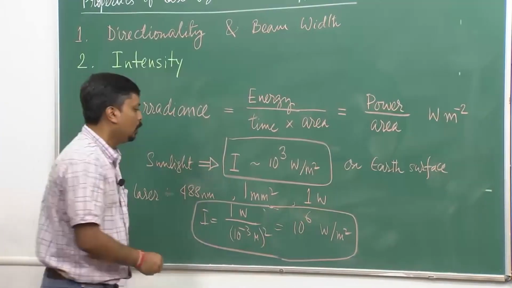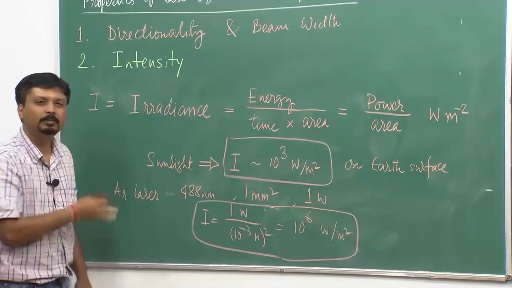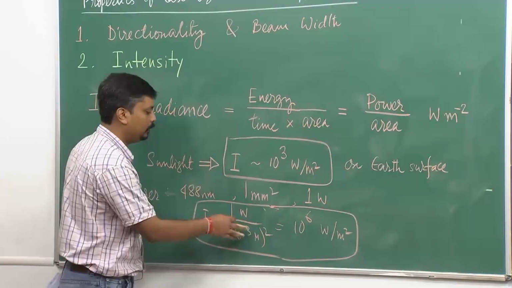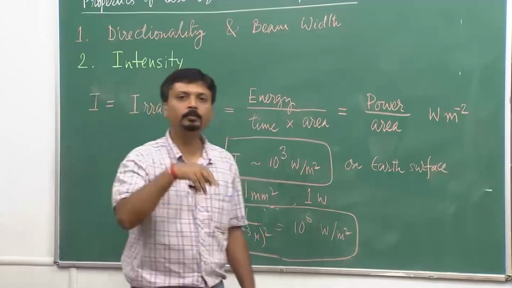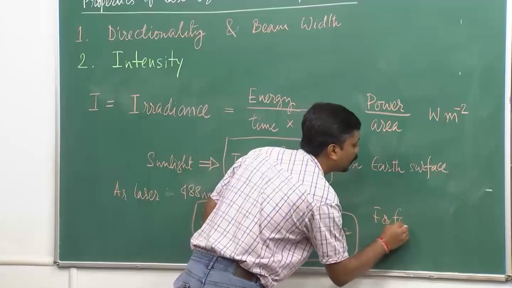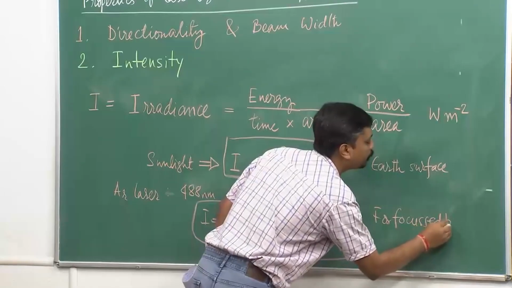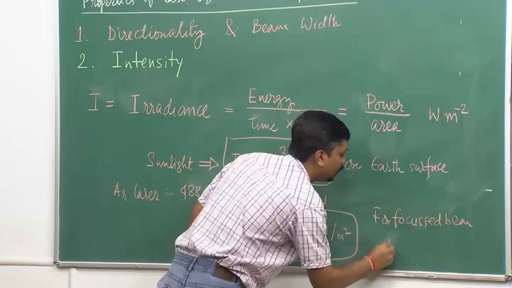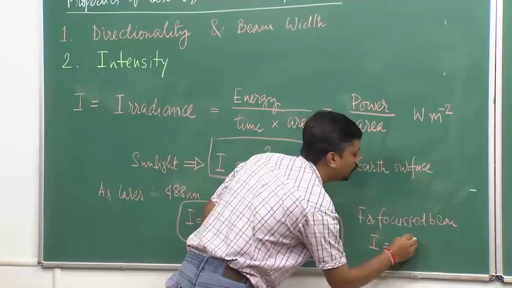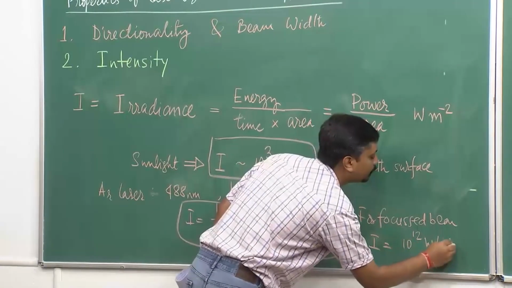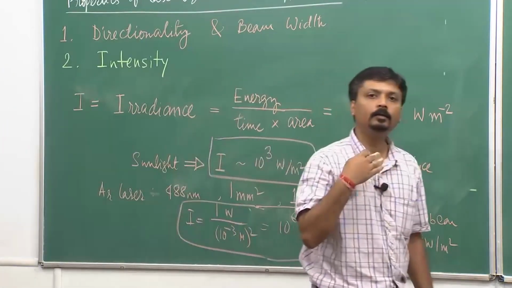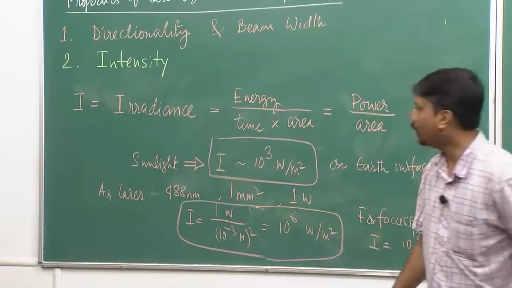If you consider that at 488 nanometers, say like 250 nanometer, and convert that into area, assuming a circular beam, then for the focused beam you have I equals 10 power 12 watt per meter square, which is really high, much higher than the irradiance of sunlight on Earth's surface.